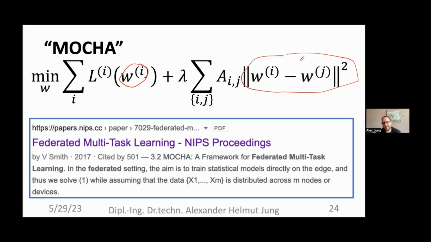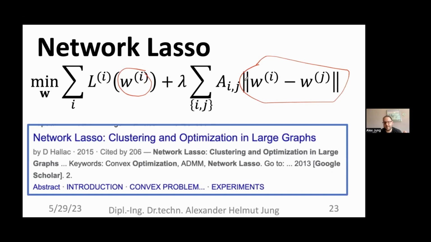The lasso results in variable selection behavior, meaning only a few weights are non-zero. The analogy is that in network lasso, there are only a few edges across which the weight vector changes. In other words, the network lasso tends to cluster the weights, so it results in piecewise constant weight vectors.